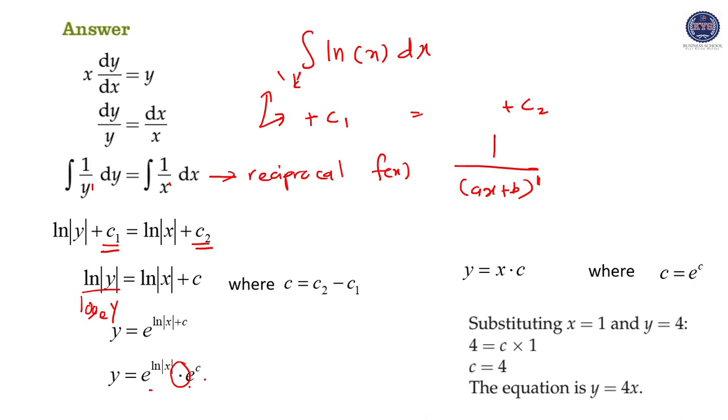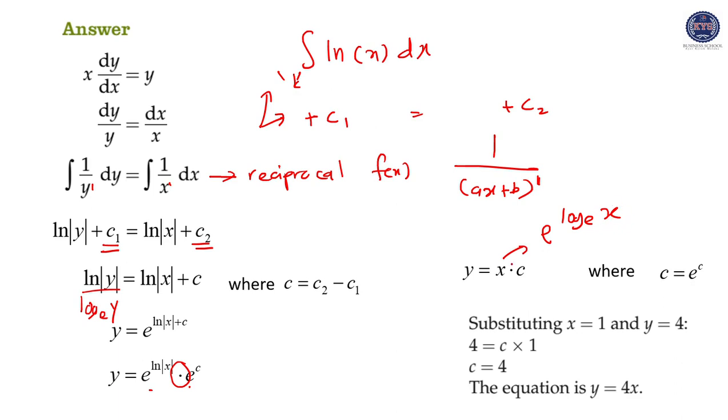Alright, so after that, it becomes y equal to x. Why can we suddenly get x from here? This x comes from e to the power ln x. So remember, when you cancel out, if the base of your index is equivalent to the base of your log, you will cancel out the whole thing, and the remaining is only the number.